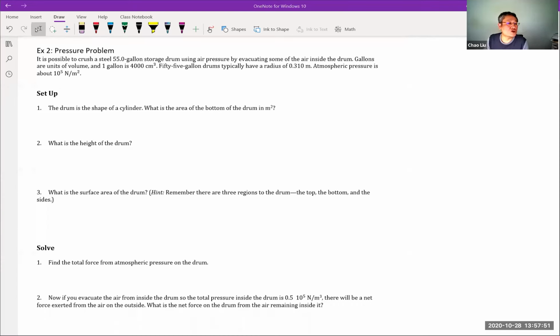They tell you that 1 gallon is equal to 4,000 centimeter cubed, and you have 55 gallons, so you can find the total volume. It tells you typically this drum is going to have a radius of this much. Air pressure is this much, it's actually 1 atmosphere.